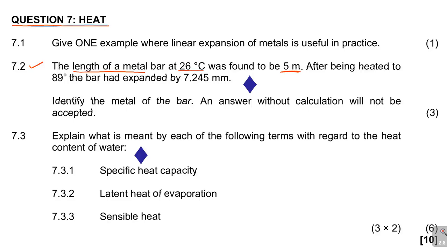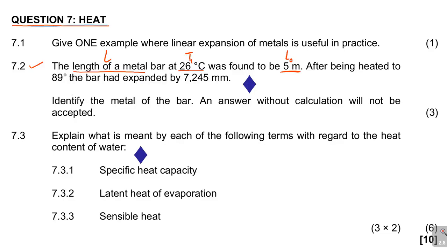So this length, which is L, of a metal bar at 26 degrees, this is temperature. We can call this my T1, and 5 meters is my initial length, which is my L0.